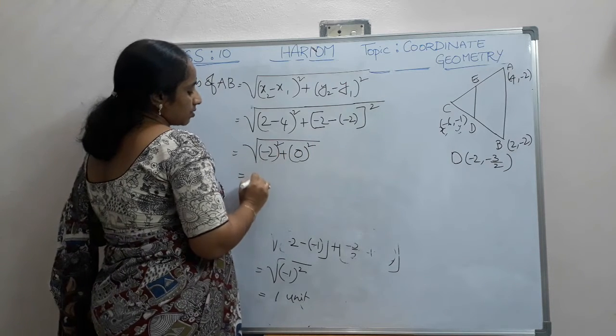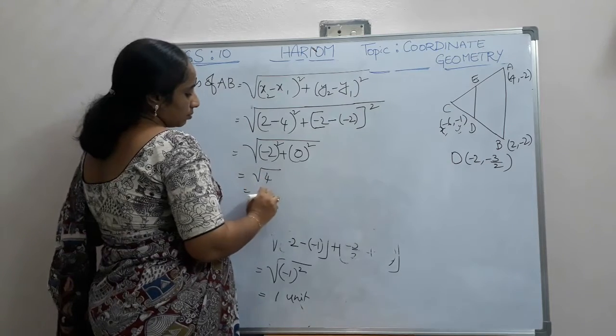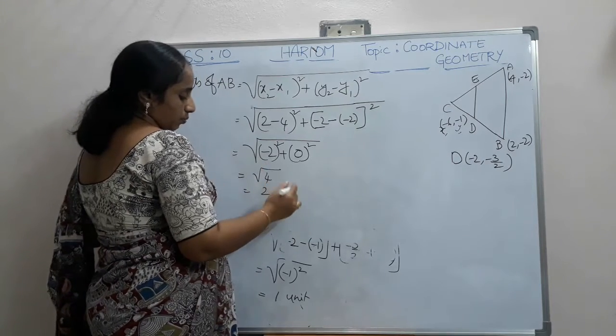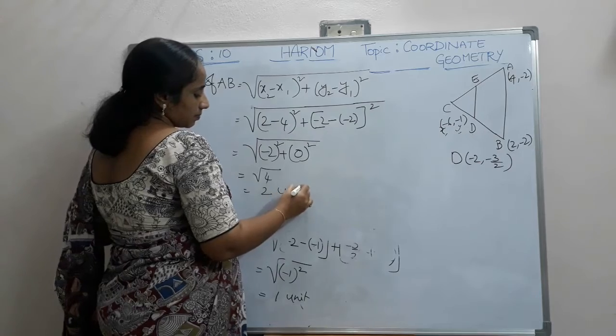Minus 2 whole square is 4, so the square root of 4 is 2 units.